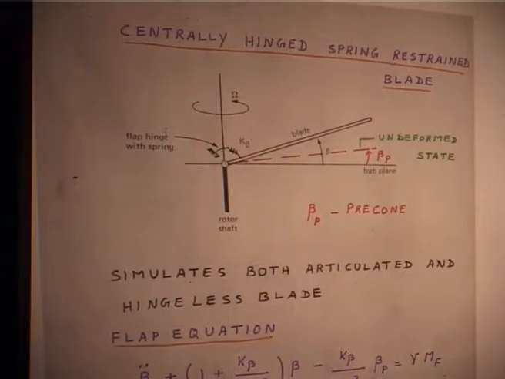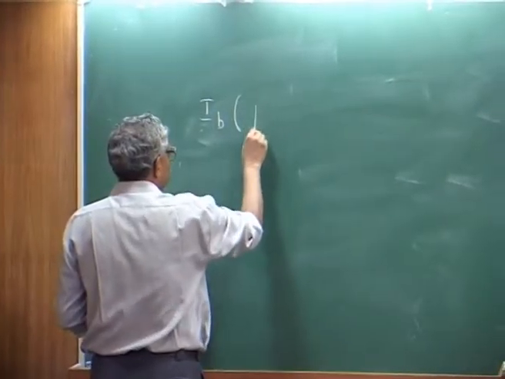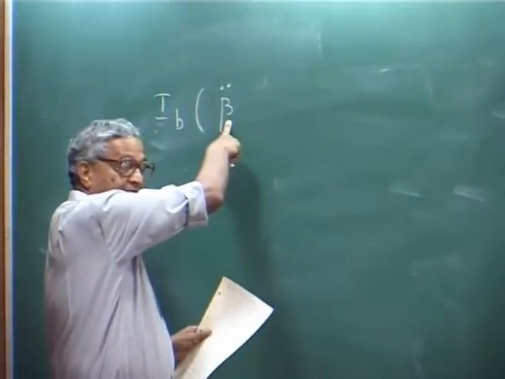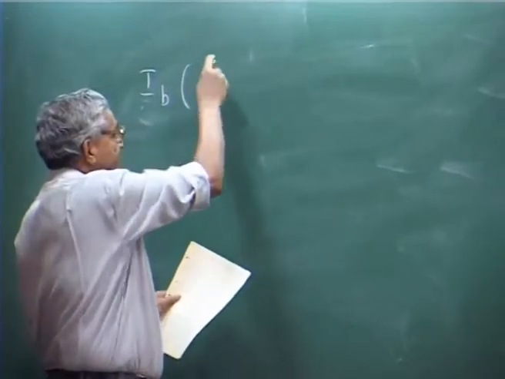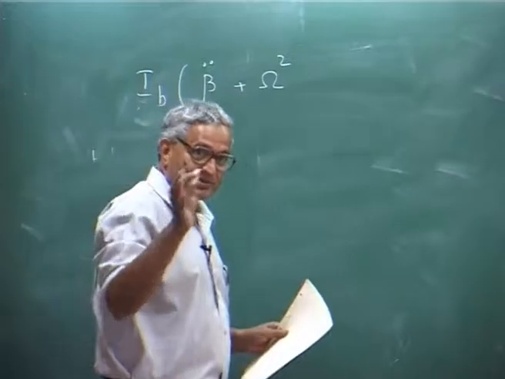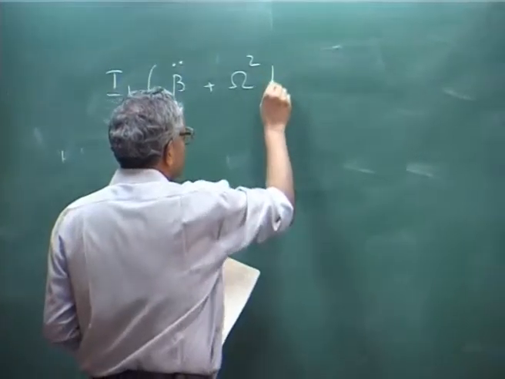Okay. So, I will just write that equation, because the flap equation we wrote: inertia is I b into beta double dot, this is the derivative with respect to time, plus omega square beta, where we make the approximation sin beta is beta, cosine beta is 1.